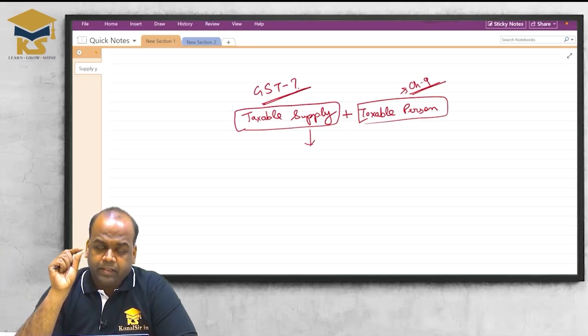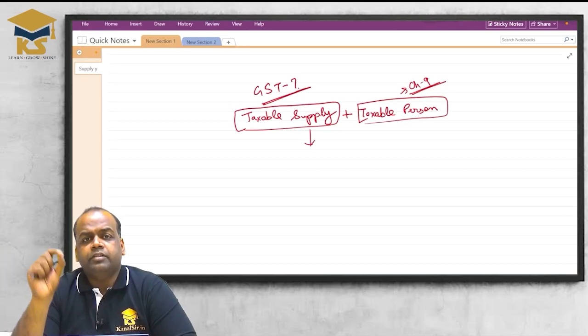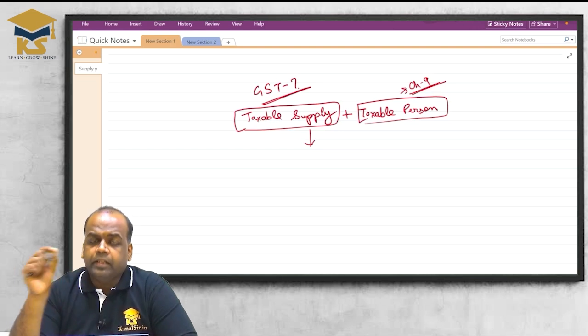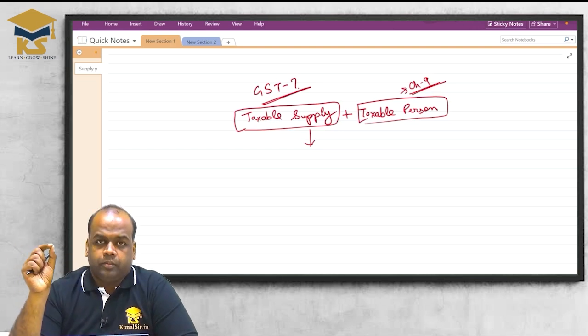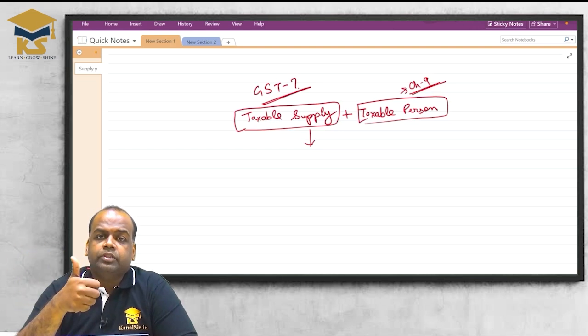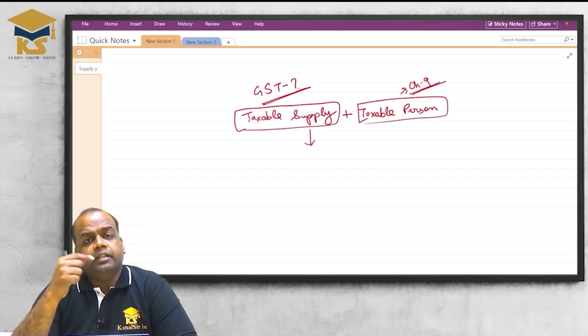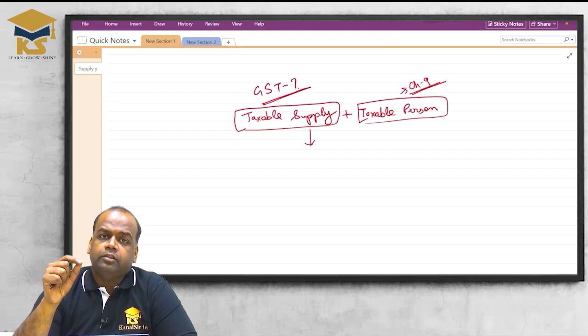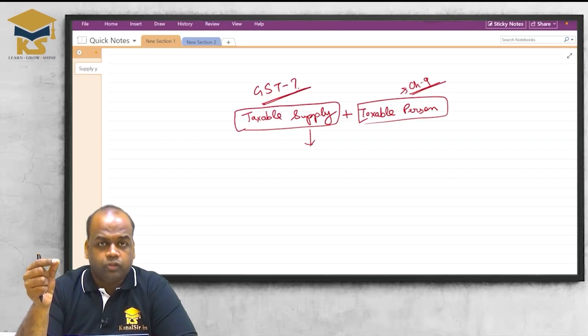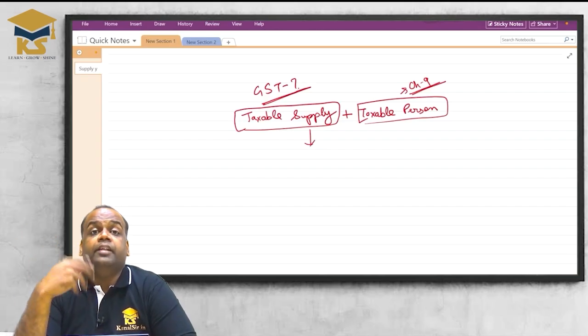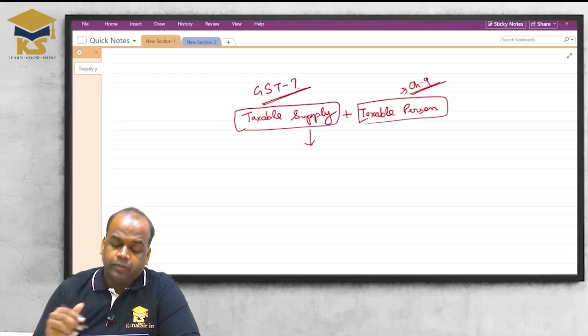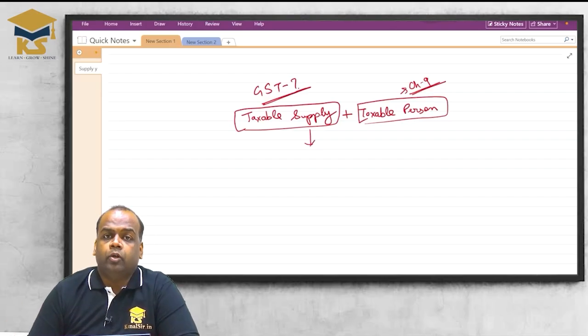If I tell in very simple language, if there is no supply, there will be no GST. First prerequisite to levy GST is there should be a supply. Then whether that is taxable or not, we will check in chapter number 3, charge and exemption, whether it is exempted or not. So first we have to check it is a supply or not.